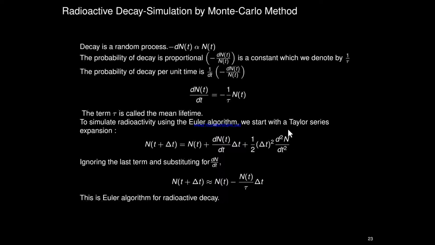Here we are ignoring this term, so the error will be of the order of delta t whole square.